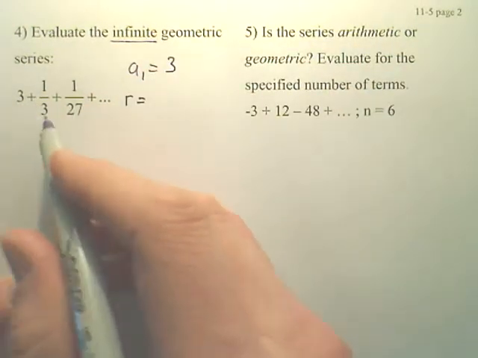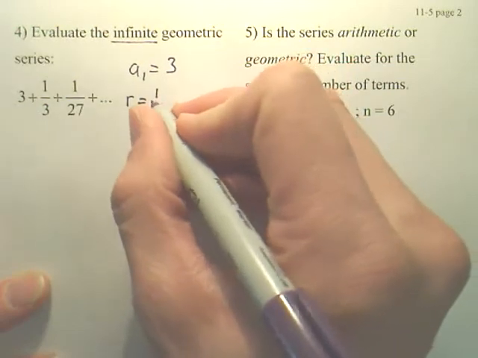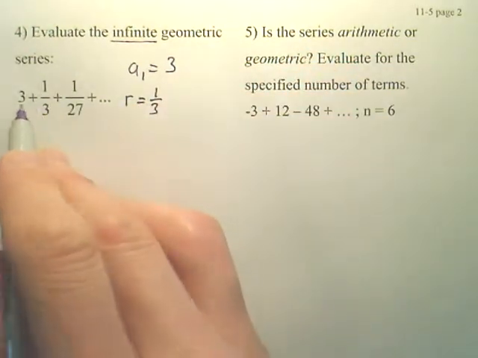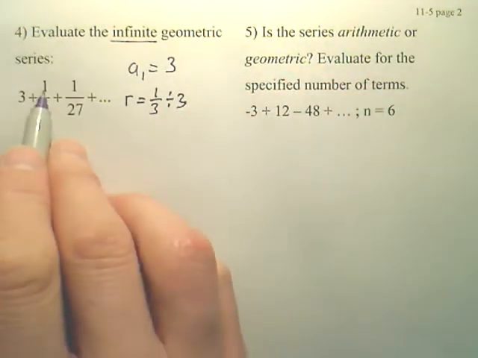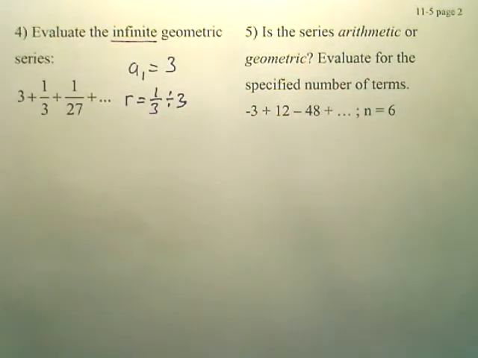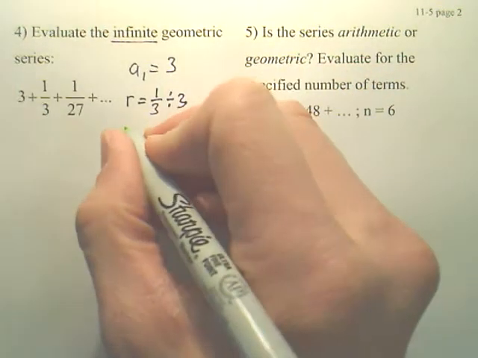R is a little bit more complicated, especially for those of you who hate fractions. Isn't it 1/3 divided by 3? Don't you take 1/3 divided by 3? Now for some of you, division, you have to realize you flip and multiply.